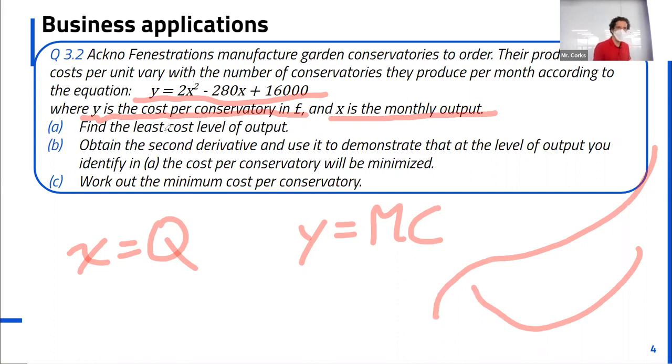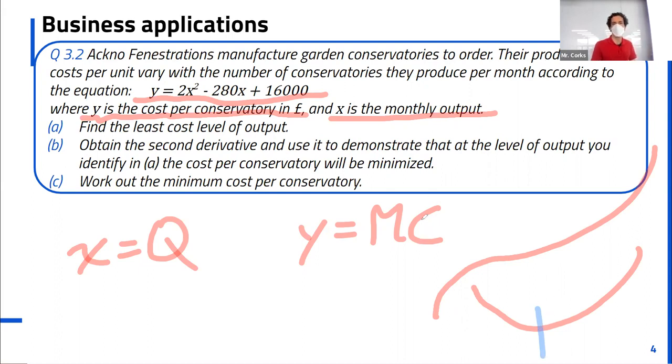So question A, find the least cost level of output. So the lowest per unit cost. How would we find that? Okay, so derivative. So if this is marginal cost, we want the lowest point, then we have our process for finding turning points and checking if they're minimums or maximums.